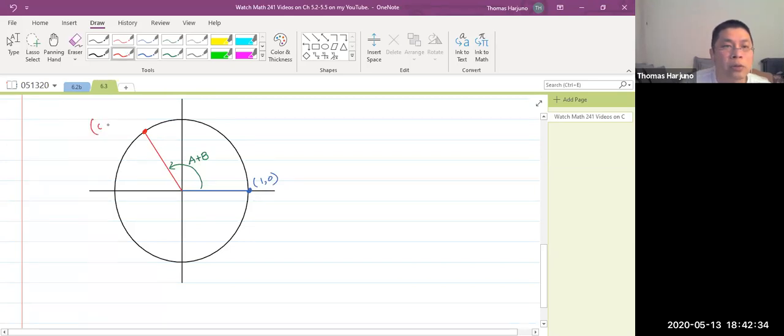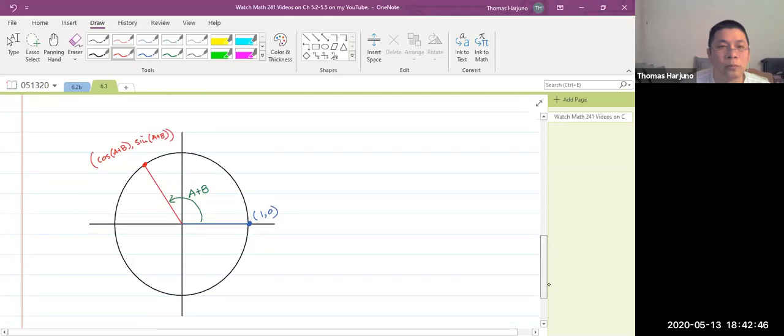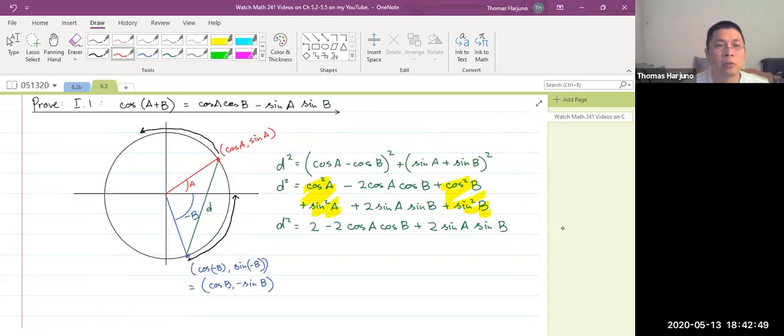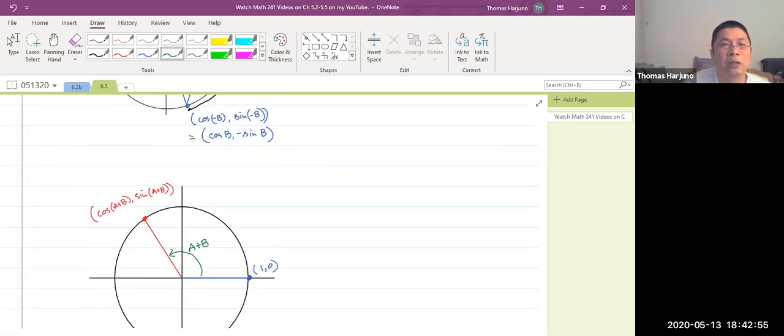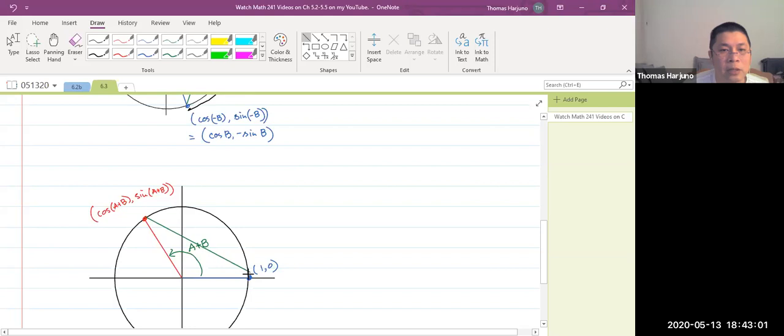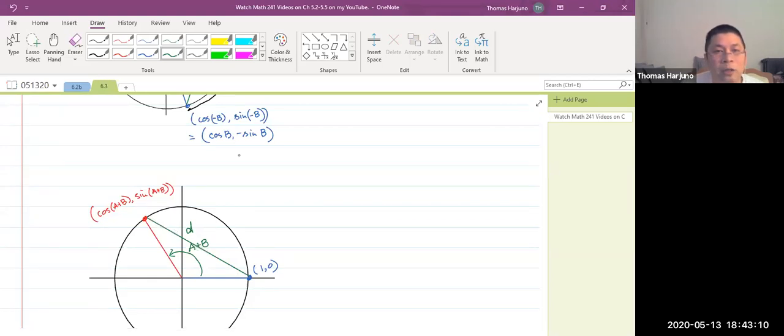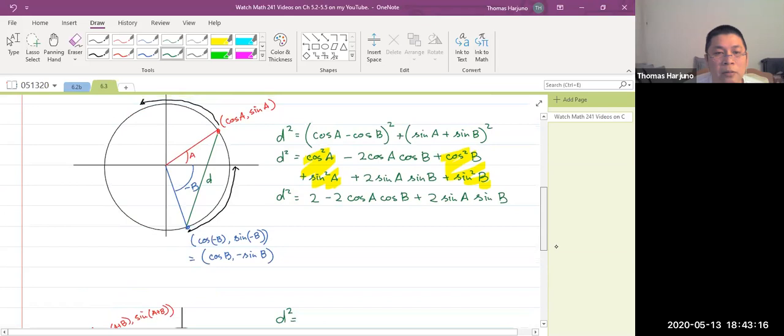As we know, that would be cosine of A plus B, comma, sine of A plus B. Because the angle is the same, we expect the distance here should be the same as the distance D. The D squared, the same D squared that we have up there, must be the same.